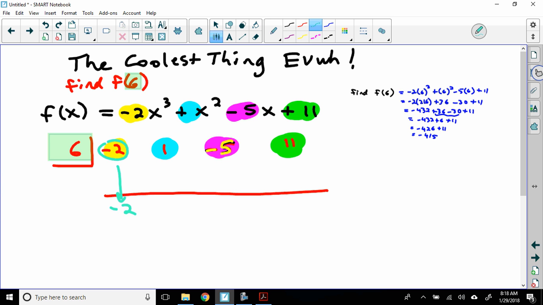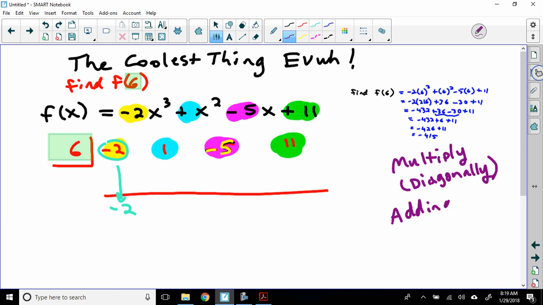And then, what did I say the procedure was? All you have to be able to do is multiply diagonally. When you multiply, you're going to be multiplying in a diagonal fashion. And then we're going to be adding.